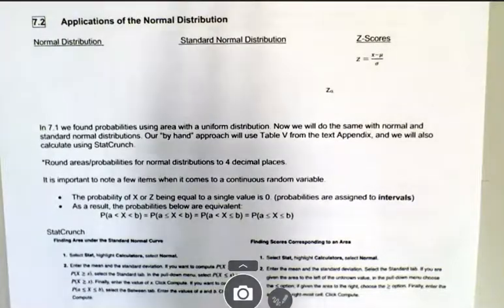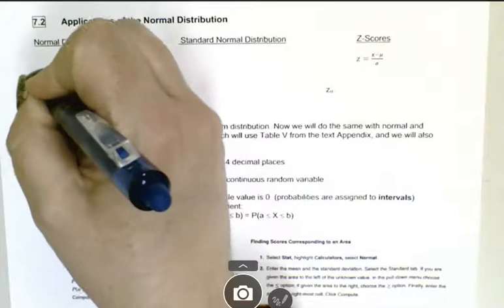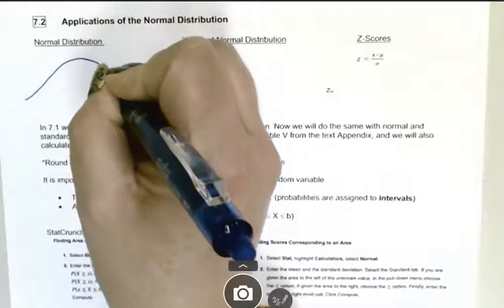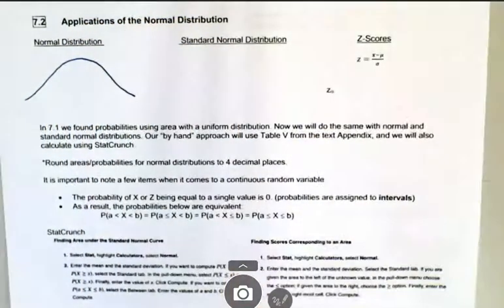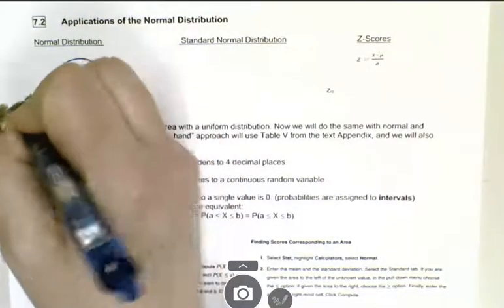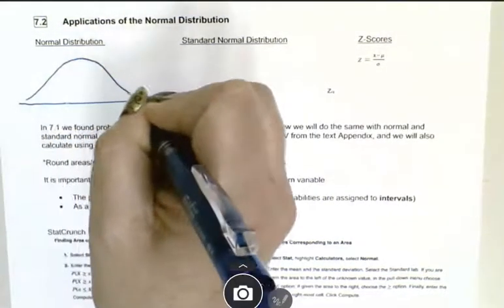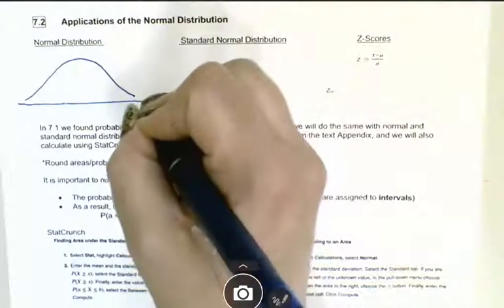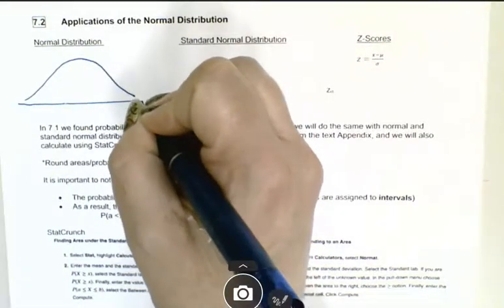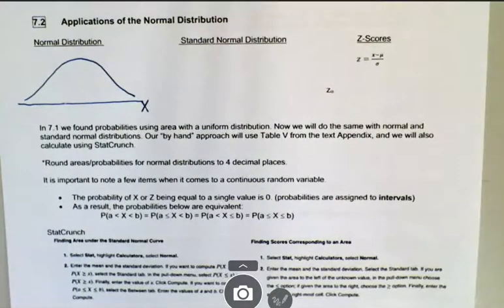So, to review, one of the things we talked about yesterday is that when we have a normal distribution, we have a symmetric bell-shaped curve. Our continuous random variable on a normal distribution is capital X, lowercase x being the individual values.